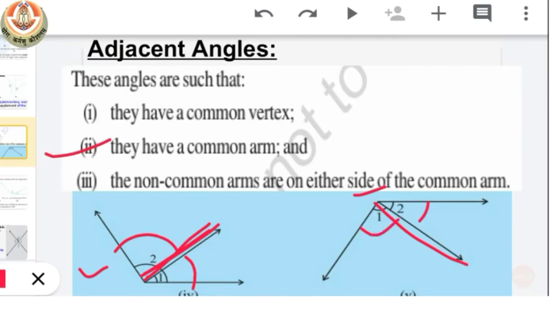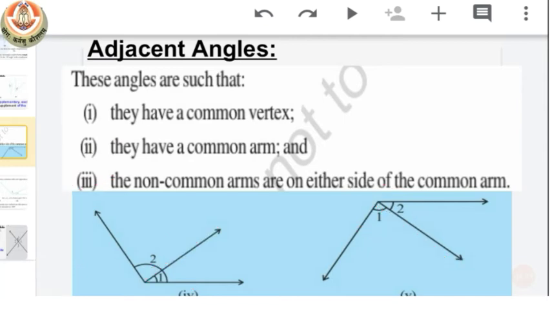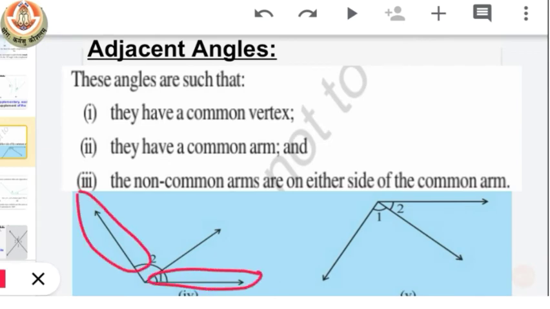Now, the third situation is that the non-common arms are on either side of the common arm. Here we can see in the given figures, this and this arm are non-common arms. So these non-common arms should be on either side of the common arm.